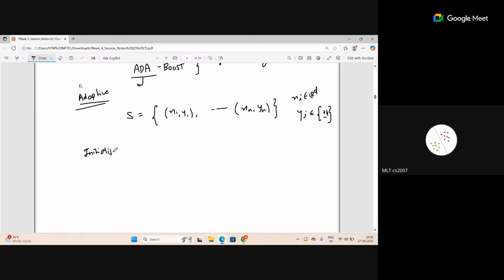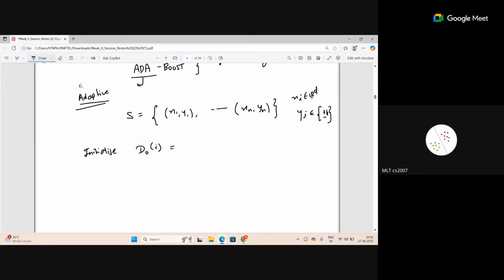What you do is you initialize D randomly first. D here stands for the weight at iteration 1, which is 1/n.